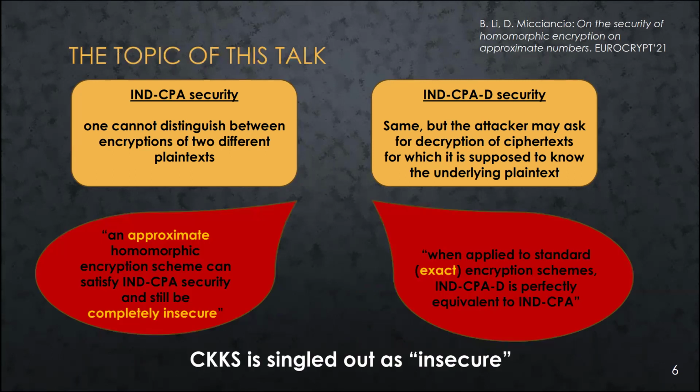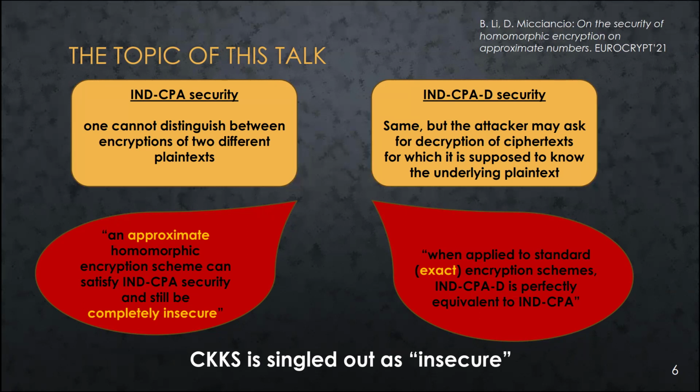Okay, so in this paper, there were two claims. There are many claims in the paper, but two that I'm going to focus on during this talk. One is that an approximate homomorphic encryption scheme can satisfy IND-CPA security and still be completely insecure. That was a statement made in the paper, and it is in opposition to what happens for exact schemes: when applied to standard exact encryption schemes, IND-CPA-D security is perfectly equivalent to IND-CPA security.